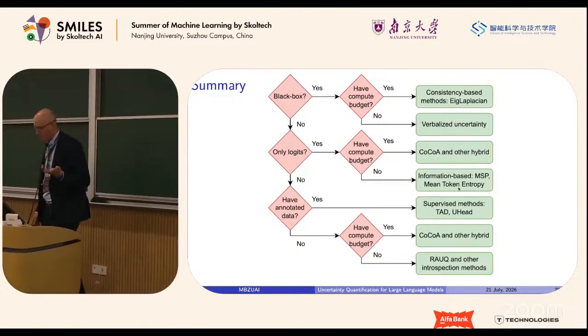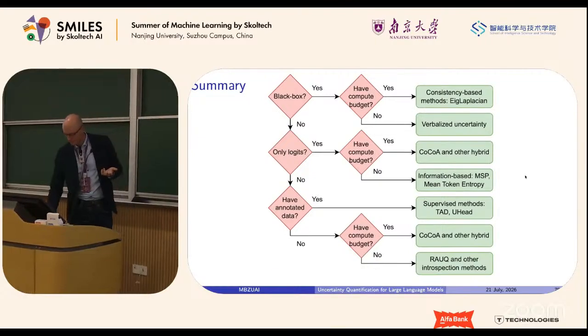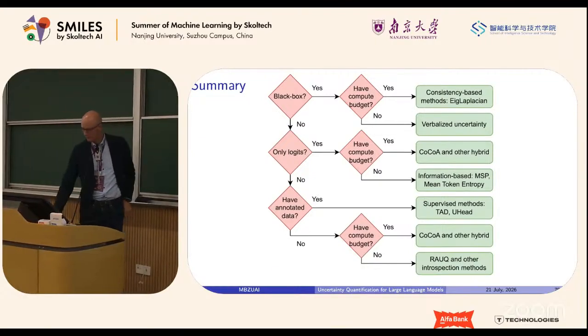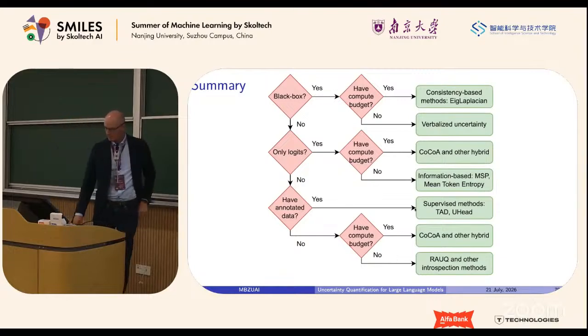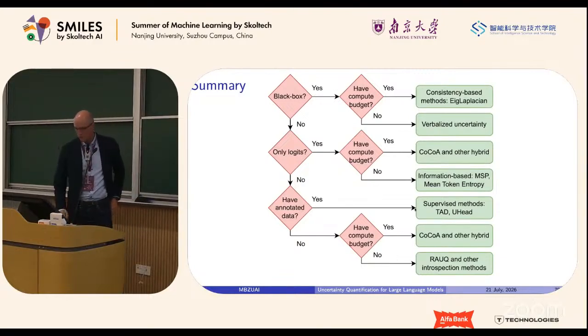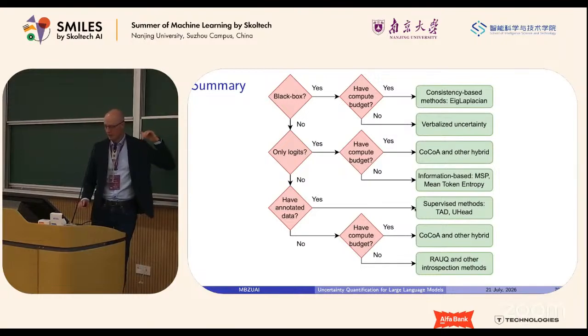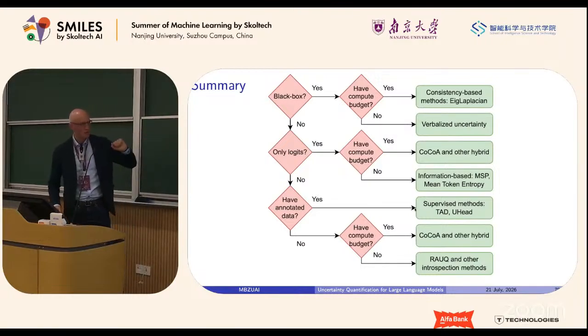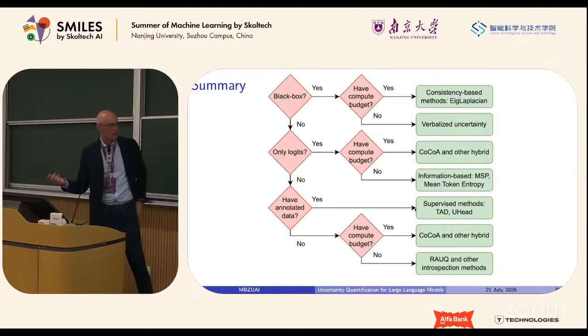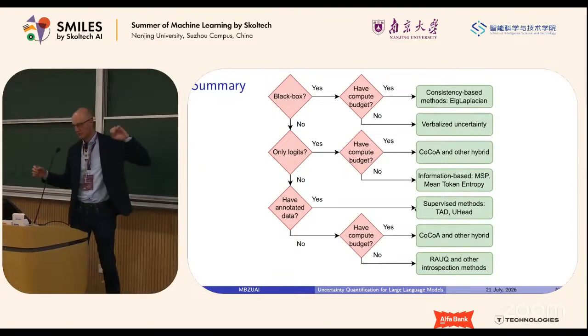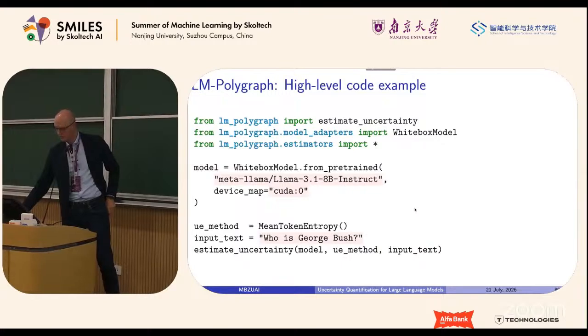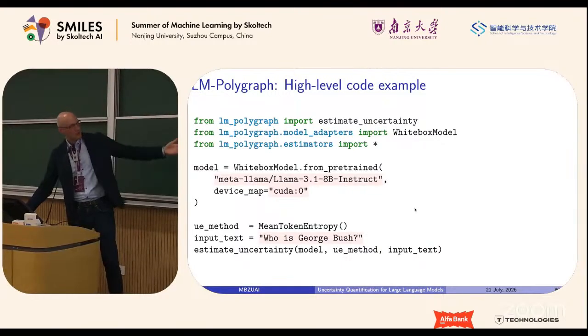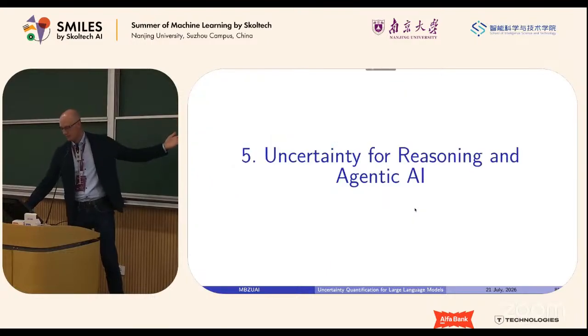If you don't have annotated data, and you have compute budget, then once again you can go back to COCOA and hybrid techniques. That's probably the best method in general, especially if you have beam search. And if you don't have compute budget, you can try these introspective methods based on attention patterns that probably give you some improvements. Once again, in LM-Polygraph, you can integrate uncertainty in this very simplistic way.